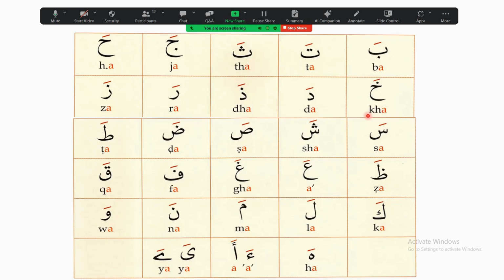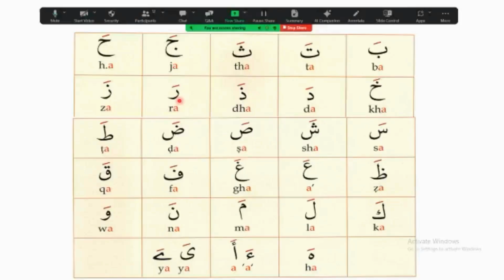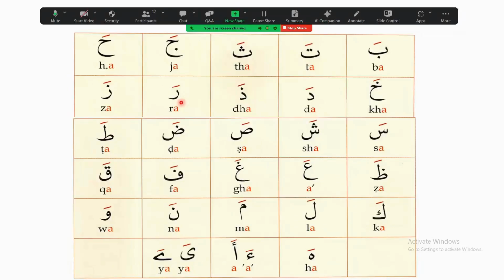Ha, the letter is not from the 7 heavy letters, so this is a light sound. Ha, da, ra, za. You will feel that there is a heavy sound in the letter ra here as well. Kha, da, dha, ra, ra, not ra, ra. This is a heavy ra sound.